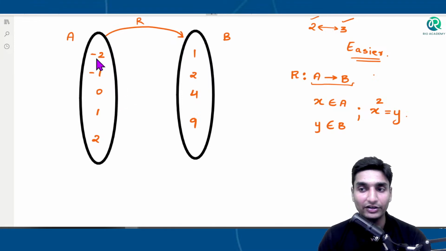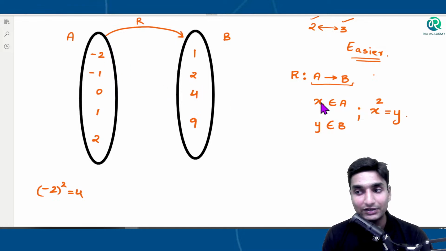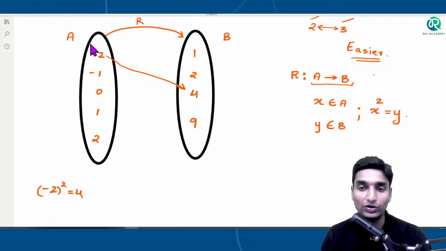For example, X is negative 2. Negative 2 square is 4. Is 4 present here? Yes, of course it is present. So according to this given condition, negative 2 is related to 4.